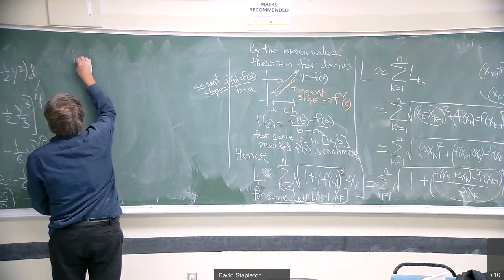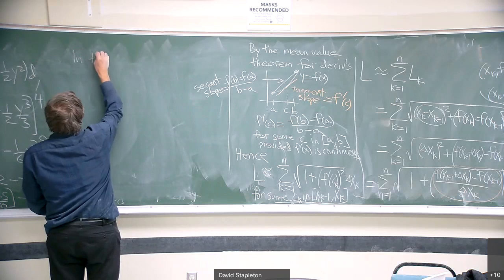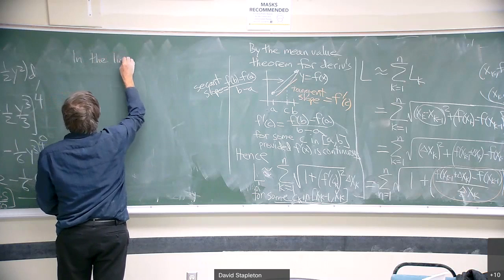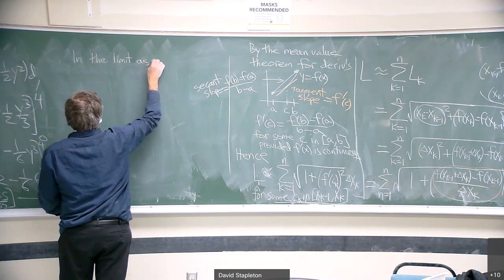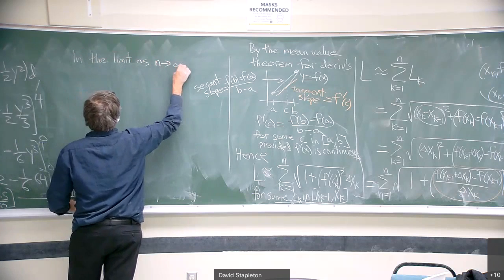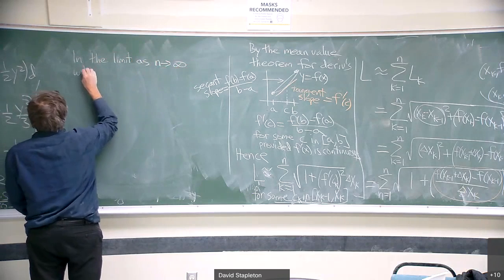Now, in the limit, as the number of intervals n goes to infinity, with the widest one going to 0, is important.